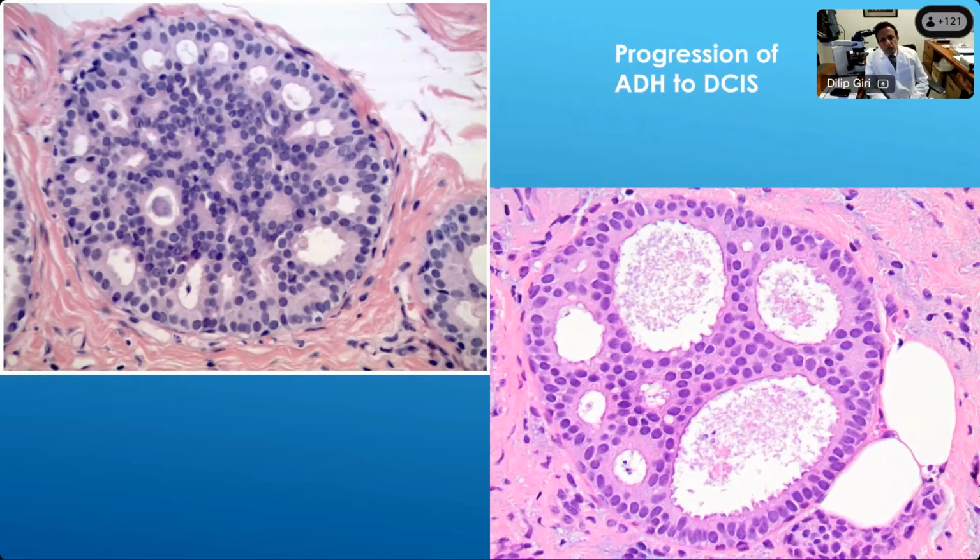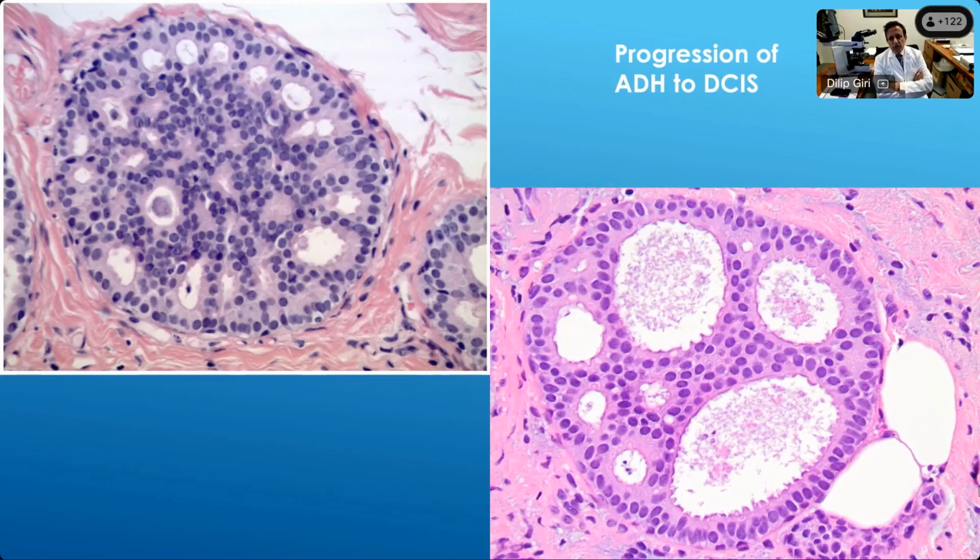So if there is more of ducts involved, and in your estimation, this is now beyond what would be reasonable to accept as ADH, then you know that such a type of lesion will qualify for the diagnosis of low-grade DCIS.